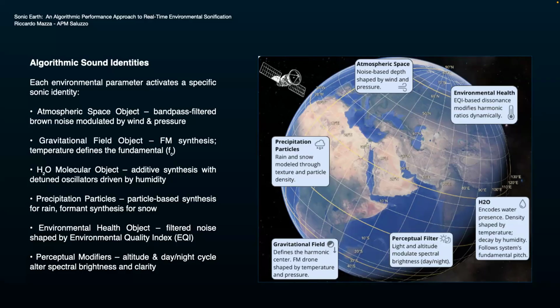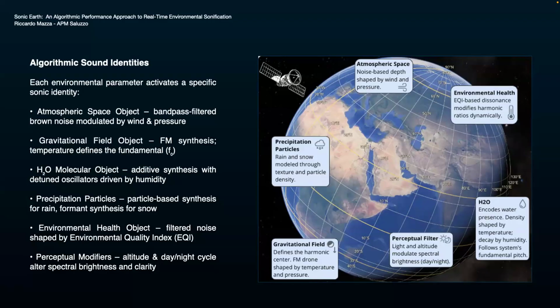Rain and snow are also represented. They appear only if it is raining or snowing, of course. These particles are expressed through granular and formant synthesis. Finally, the environmental health object reflects the overall ecological balance, increasing in dissonance with pollution.